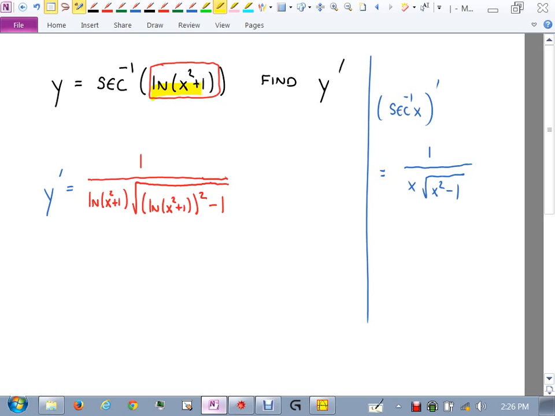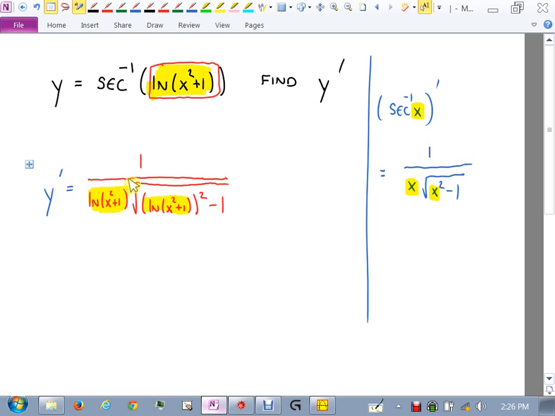Okay, I will highlight again. If you're plugging x in, then it's 1 over x root x squared minus 1. But if you're plugging natural log of x squared plus 1 into this, then the derivative is 1 over natural log of x squared plus 1 root natural log of x squared plus 1 squared minus 1. So see how that's kind of ugly? But it's just the chain.